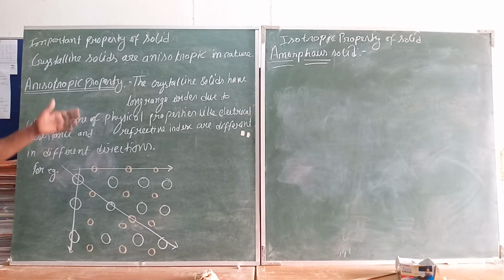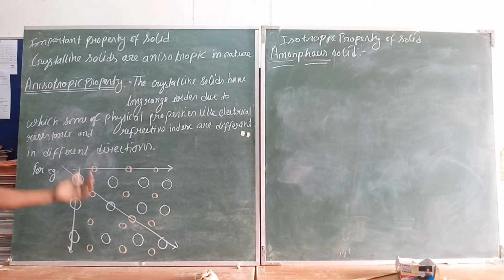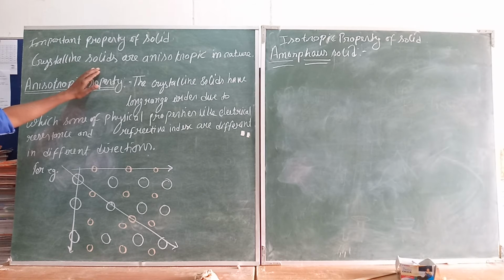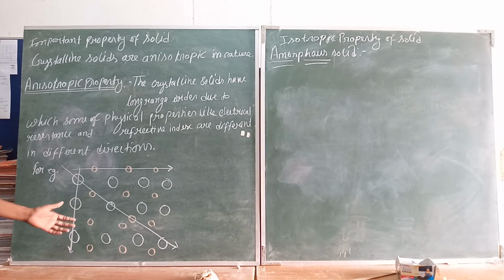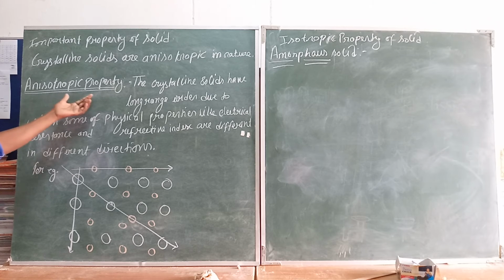This property is called anisotropic property, or this phenomenon is called anisotropy in crystalline substances. This property is shown only in crystalline solids. Understand? In crystalline solids. Have you understood this?